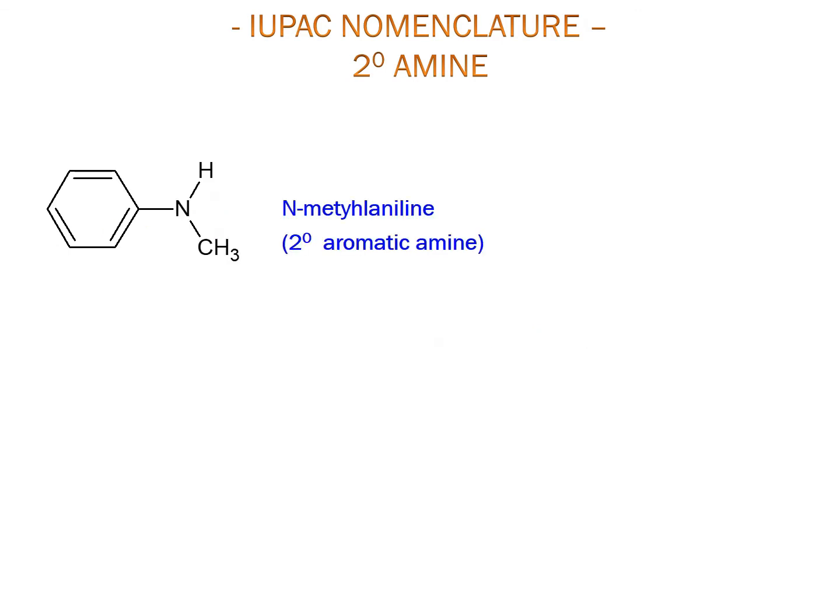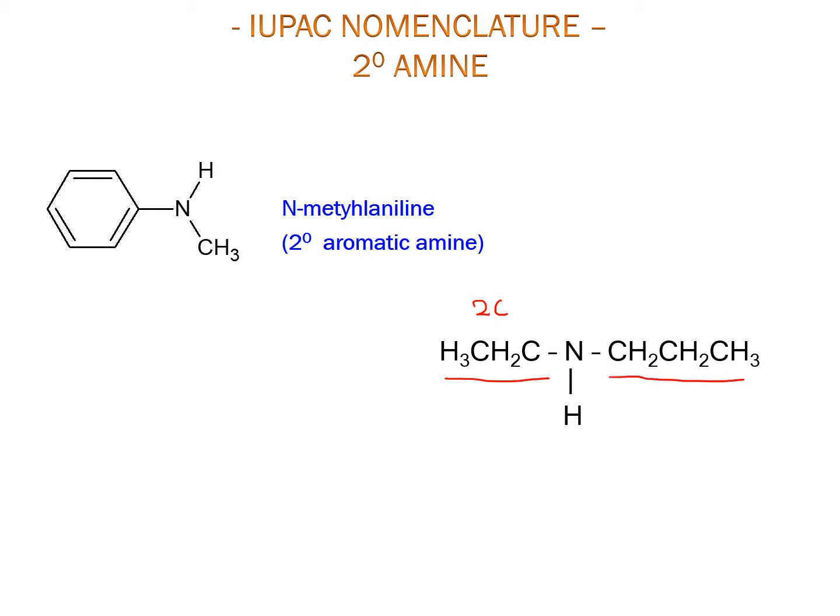Next example. This one is also a secondary amine. So find the longest R group bonded to amino. The first R group is 2 carbon, and the second R group is 3 carbon. So we choose the longest continuous carbon chain, which is 3 carbon, bonded to the amino group.